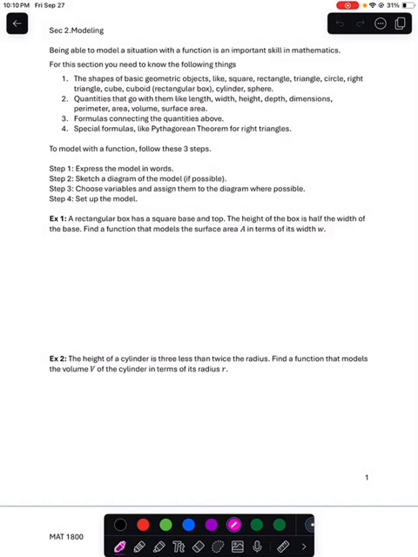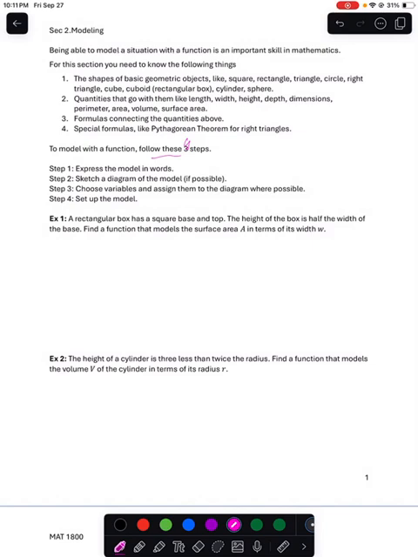Now to model with a function, we follow these three or four steps, I should say. The first thing is to express the model in words, which will be done for you, because you'll get the word problem.